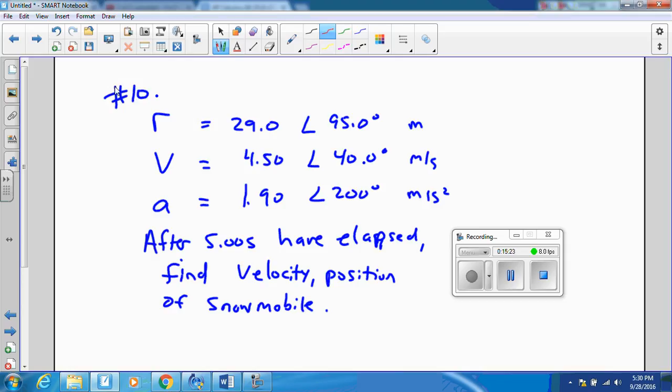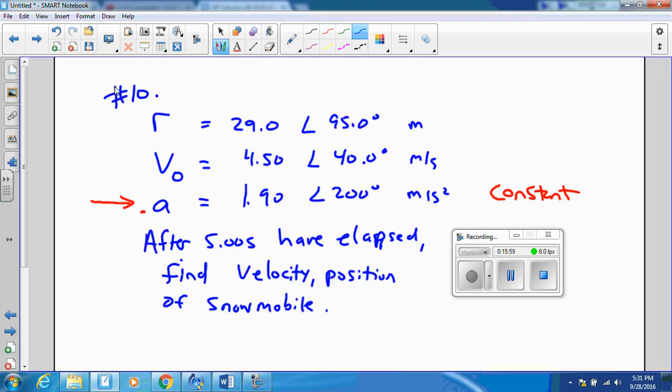Okay, now let's do some preliminary understanding of what's happening, because these pieces of information are not all exactly the same. The acceleration is constant, that is, it is not going to change over time. And so for that reason, we want to think of this acceleration as applying during the entire 5 seconds. But because there is an acceleration, necessarily the velocity will change.